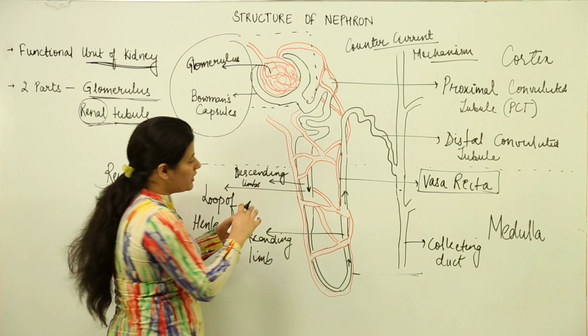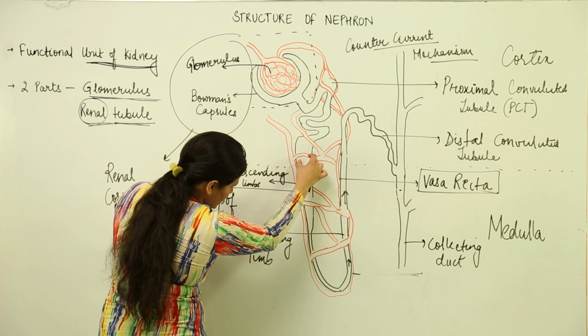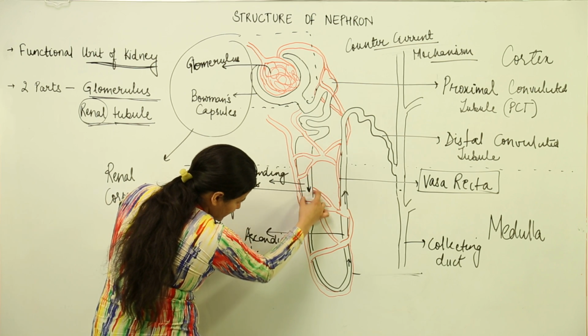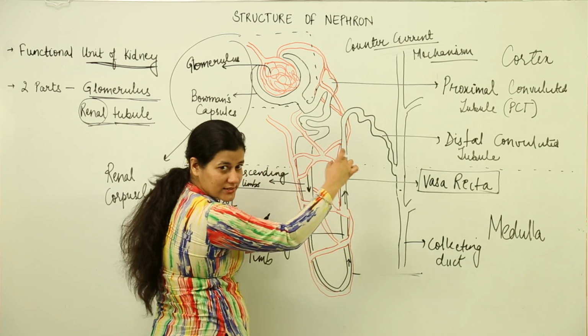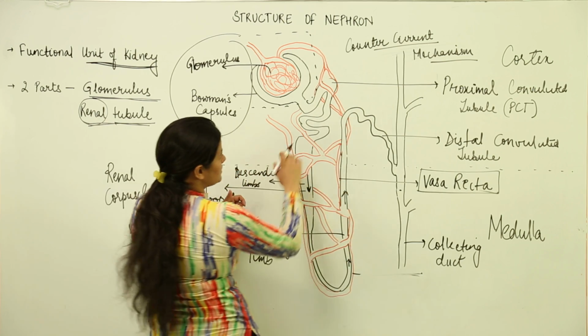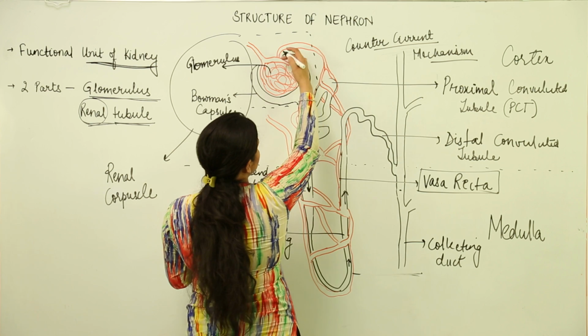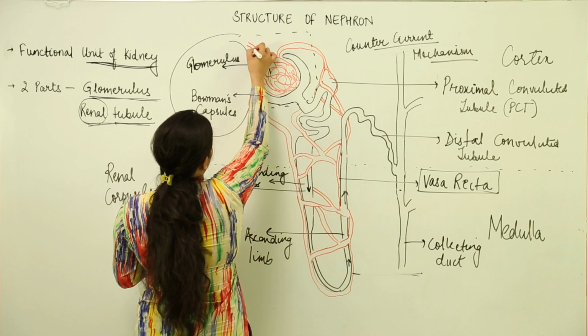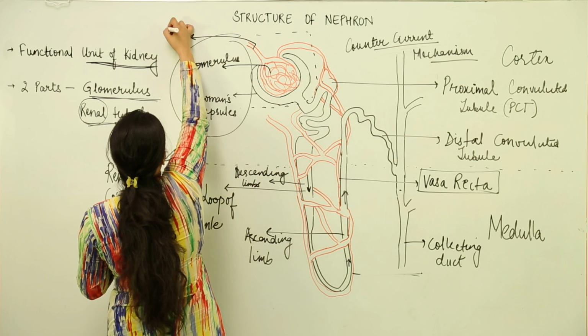Just from the structure you can make out that in the descending limb the filtrate is descending down while it is ascending in the ascending limb, but it is opposite in the case of the vasa recta. You can see that this part of the capillary network is the afferent arteriole.